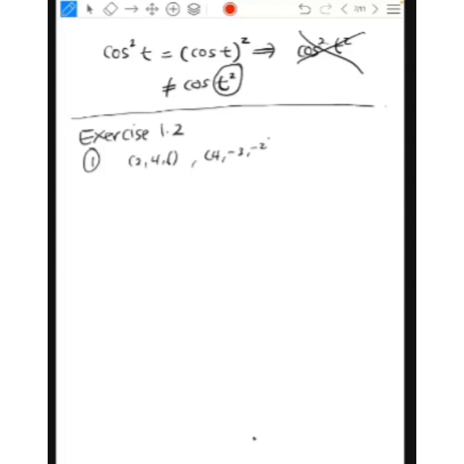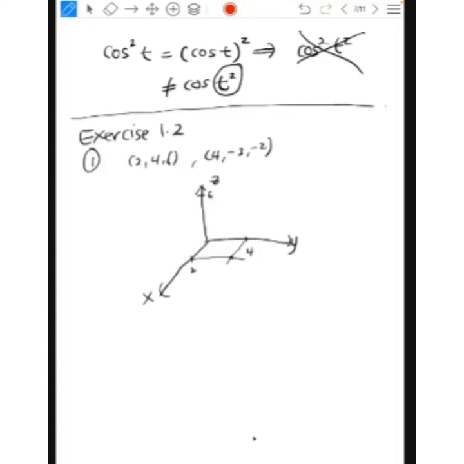Question number 1: sketch the points (2, 4, 6) and (4, -3, -2) on a single coordinate system. Let's say x is 2, y is 4, and here is 6. To draw a point on a three-dimensional coordinate system, from the x-axis draw a line parallel to y, and from the y-axis draw a line parallel to x.